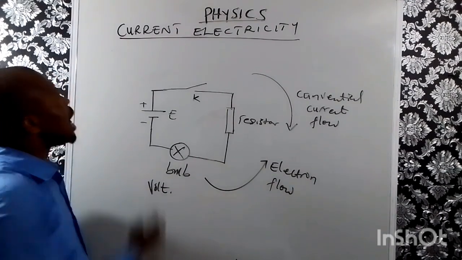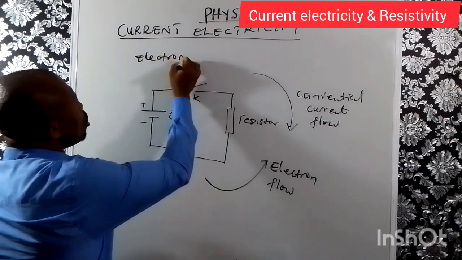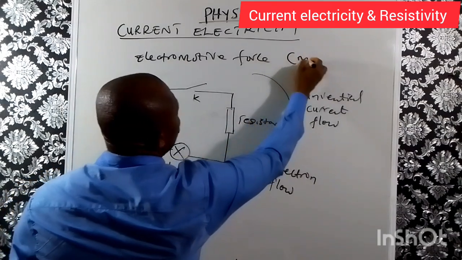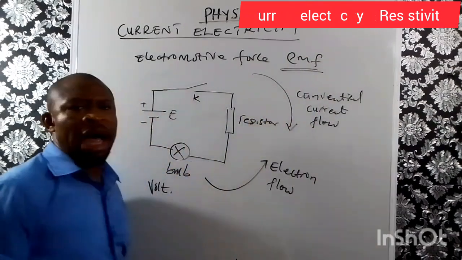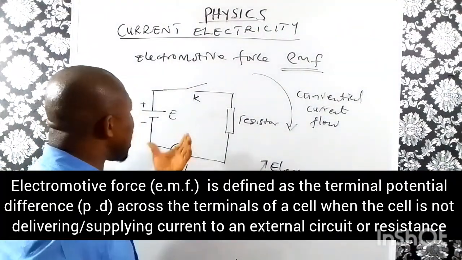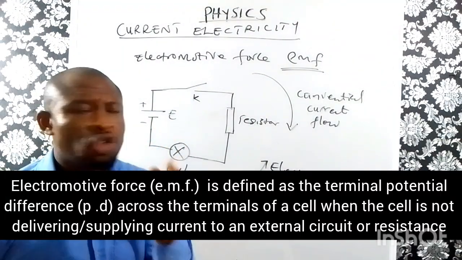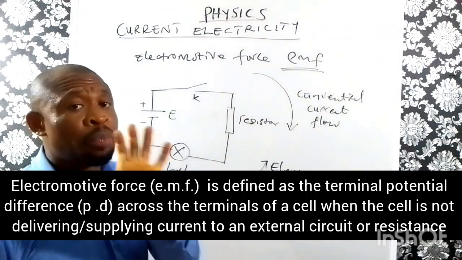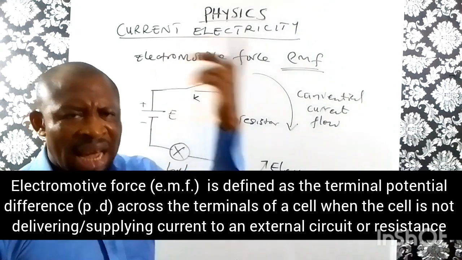Okay. Now we talk of electromotive force. EMF. Most times we'll call it EMF. Now electromotive force is nothing but the terminal PD across the ends of a cell when that cell is not supplying current to an external circuit.